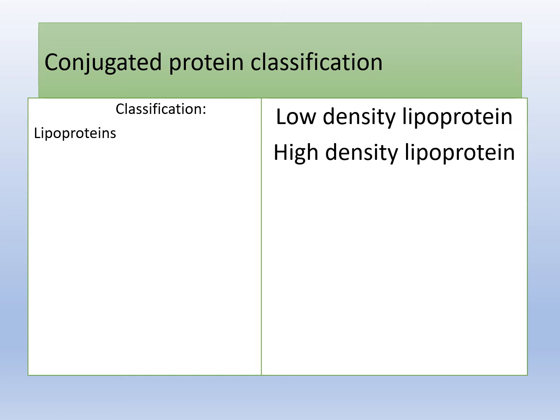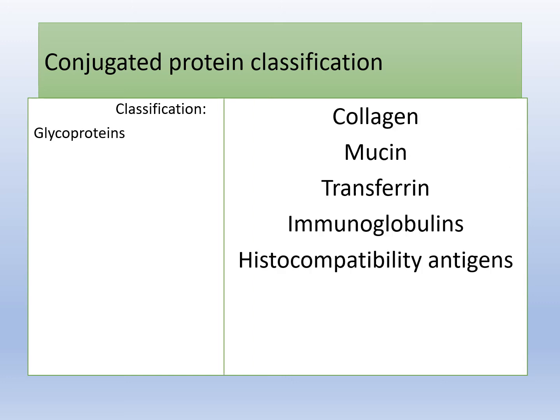Again, good cholesterol is your HDL because it basically carries cholesterol from the arteries going back to the liver. Here are the examples of your glycoproteins. You have number one, collagen, which you already know is a structural protein. Right? Collagen is there in order to provide support to the structure of the body.